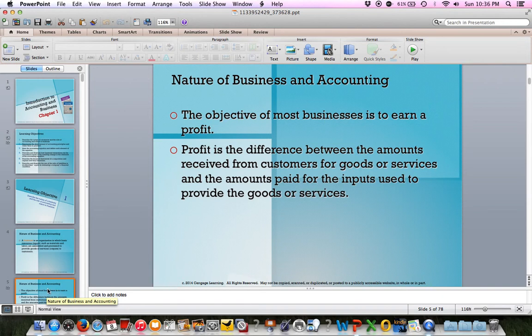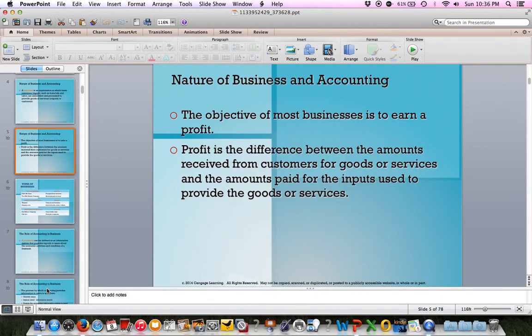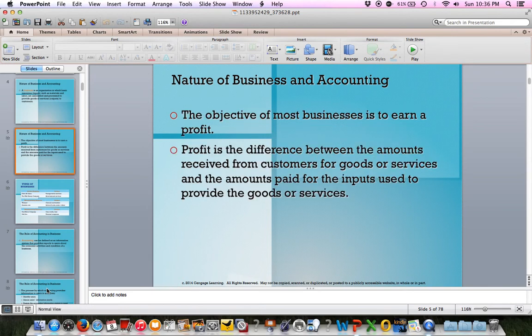And of course, businesses need to earn a profit, and the profit is the difference between basically what you sell your goods for and what you paid to make them or buy them.